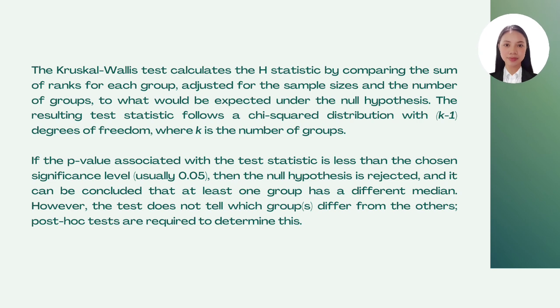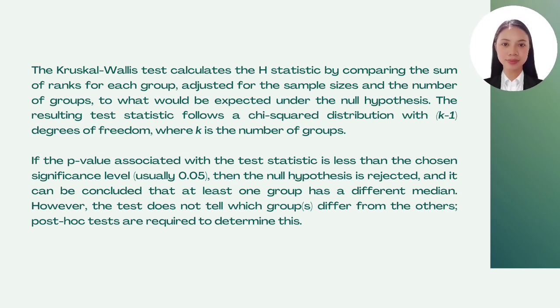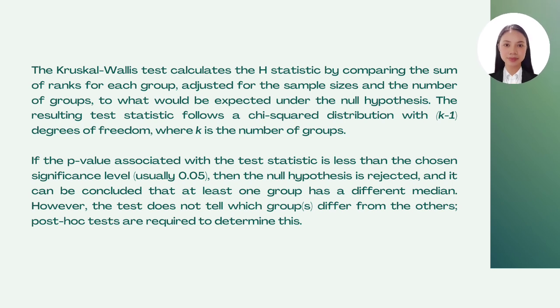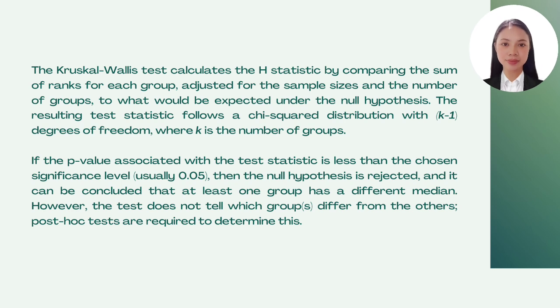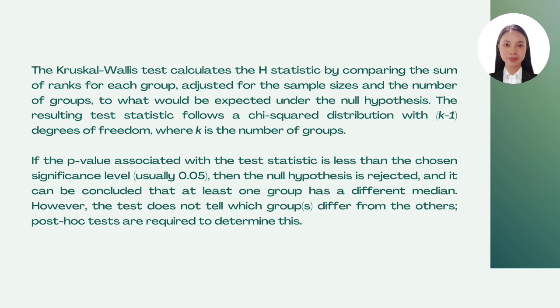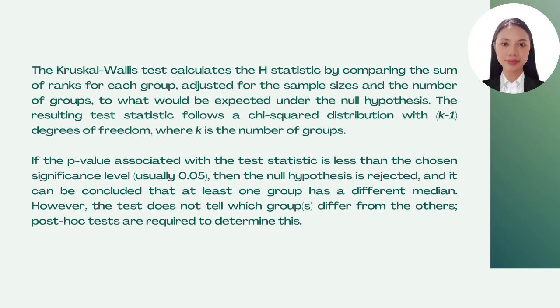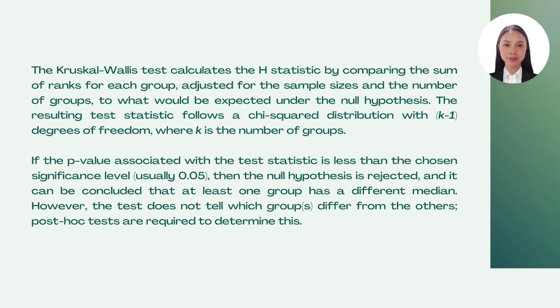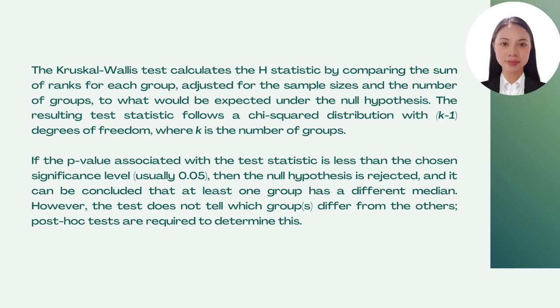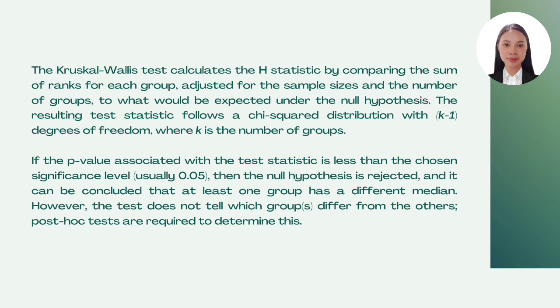If the p-value associated with the test statistic is less than the chosen significance level, usually 0.05, then the null hypothesis is rejected, and it can be concluded that at least one group has a different median. However, the test does not tell us which group or groups are different. Additional tests called post hoc tests are needed to determine which groups differ from the others.